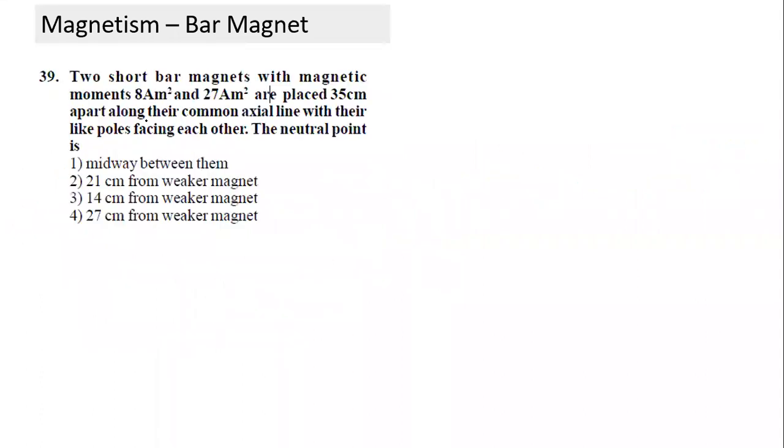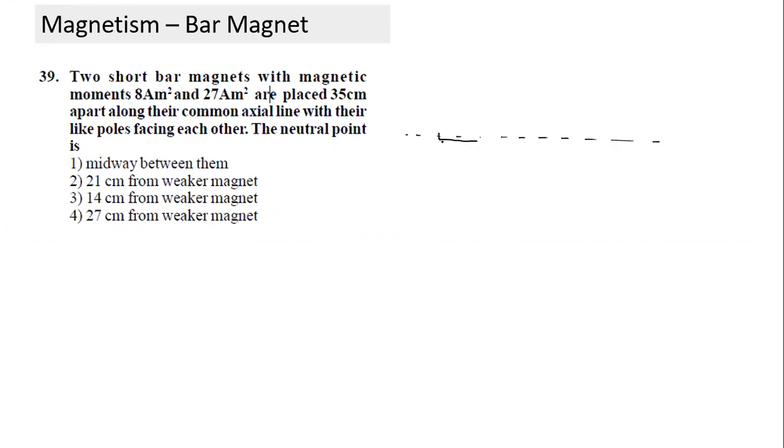Let's see, can we solve this kind of question quickly? Two bar magnets, with magnetic moments 8 and 27, are placed 35 centimeters apart along their common axial line. First of all, we should be able to draw the figure with the like poles facing each other. Can we draw a figure? If we can, it's a fairly simple question to solve.